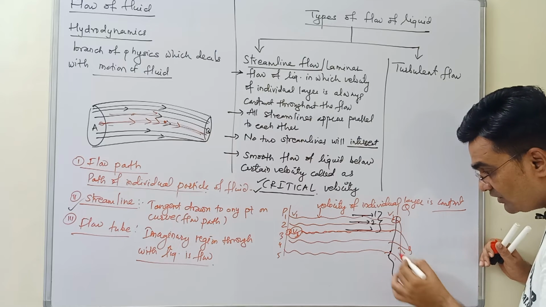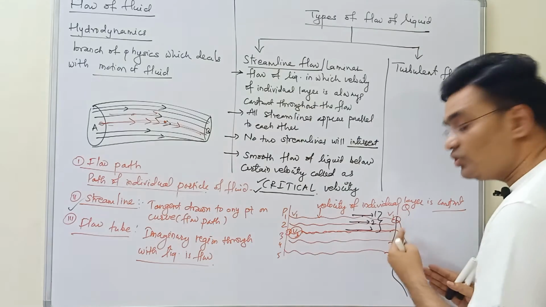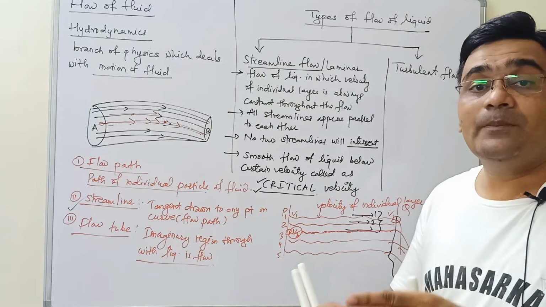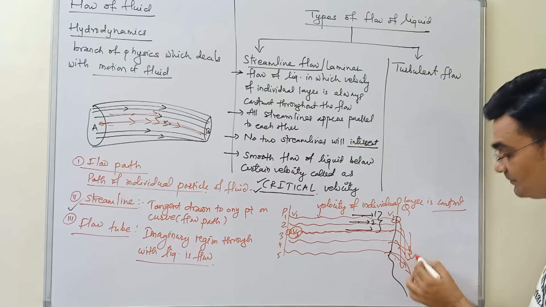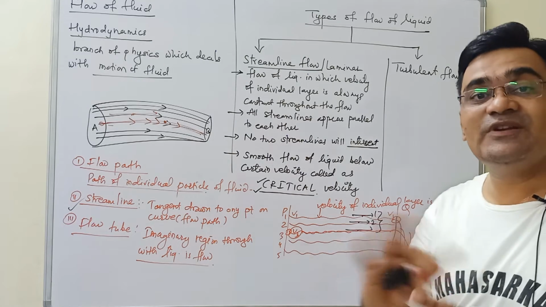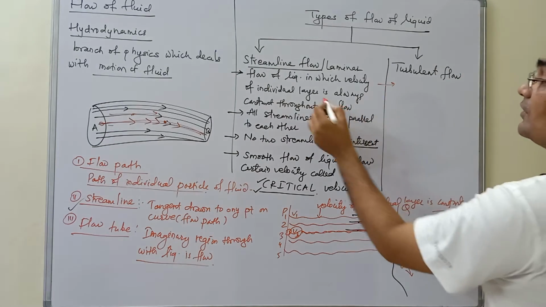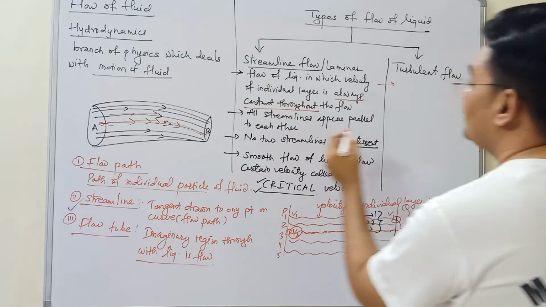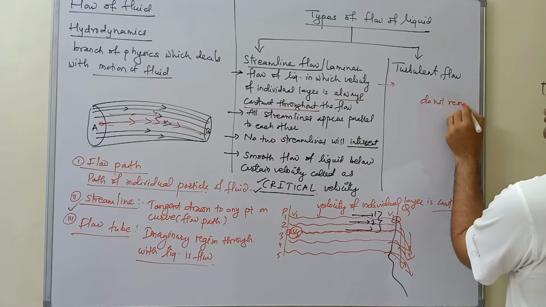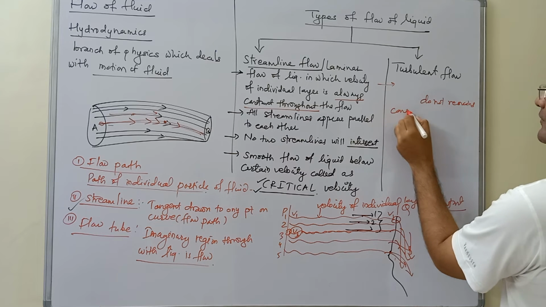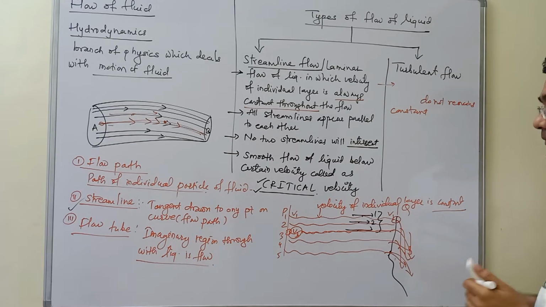While falling, these layers will not obey the rules they obeyed from point P to Q. They will now appear completely irregular. Some layers will fall with very high velocity, some with lower velocity. So their velocities will get disrupted. The flow of liquid in which the velocity of individual layers does not remain constant is called turbulent flow.